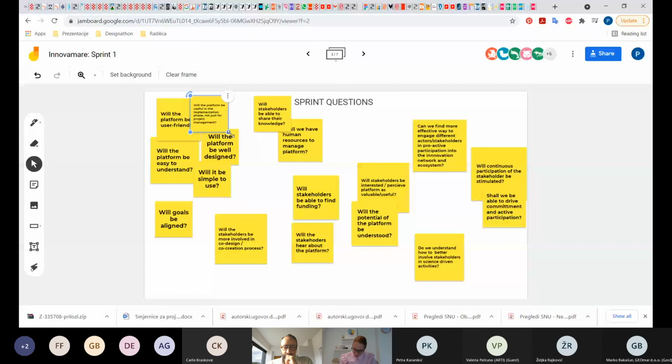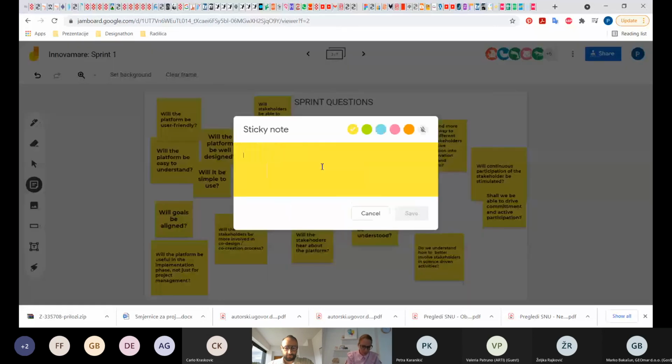And also, will the level of information be just right? I think we mentioned everything. Will the level of info be excessive, is it the right term, when it's like an overload of information?